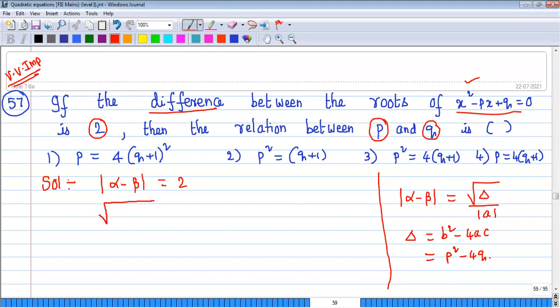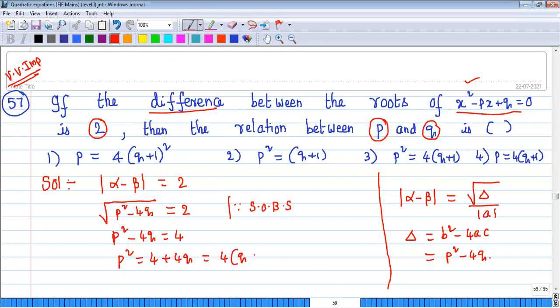So root delta, that is root of p square minus 4q. A is 1 here, so that's 2. Squaring on both sides, we get p square minus 4q is equal to 4. So p square is equal to 4 plus 4q, 4 common, q plus 1. So p square is equal to 4 into (q plus 1). Third option is the right option.